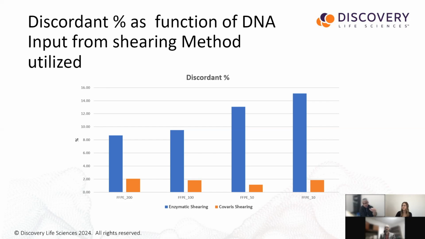As you can see here, as you go down on the input amount from 200 to 10 nanograms of FFPE samples, the discordant rate keeps creeping up on you using the enzymatic, whereas with the mechanical shearing with the Covaris AFA technology, it stays very stable, very consistent across the board.